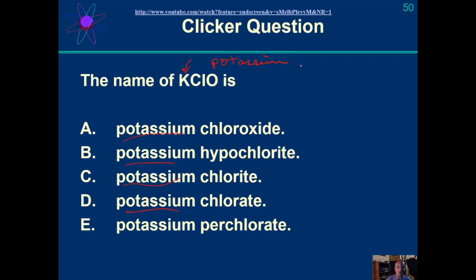We don't need to name the charge because it's a known charge. And look at this guy right here. Well, let's start out with the ATE version. This is chlorate. We went to chlorite, but we went all the way down to ClO-, which is hypochlorite.